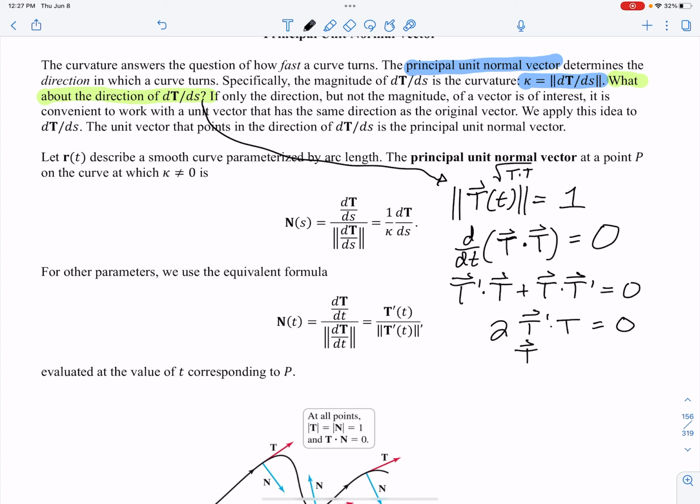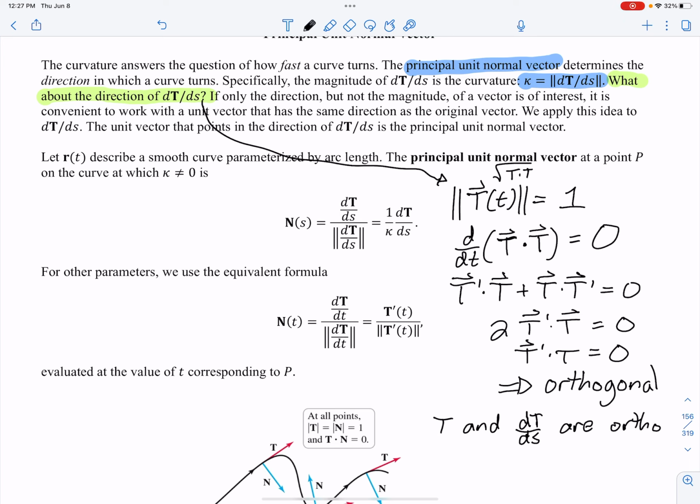This implies that T prime dot T equals 0, which tells me that if the dot product between two vectors is 0, then they are orthogonal. So since we're working with the tangent unit vector, T and dT/ds are orthogonal.